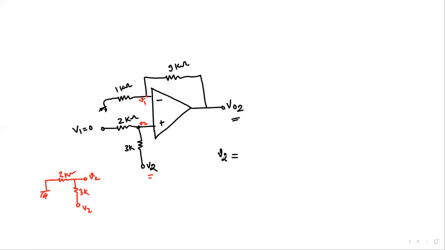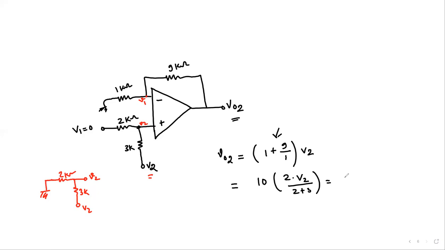So V2 can be written as, total output voltage will write. So again, 1 plus 9 by 1, this is the gain set by the resistors, and multiplied by the V2, which can be written as 10, and value of V2 can be obtained as 2 into V2 divided by 2 plus 3.